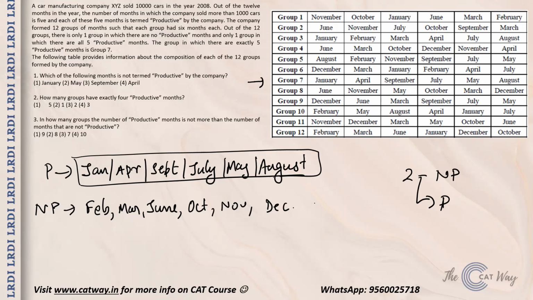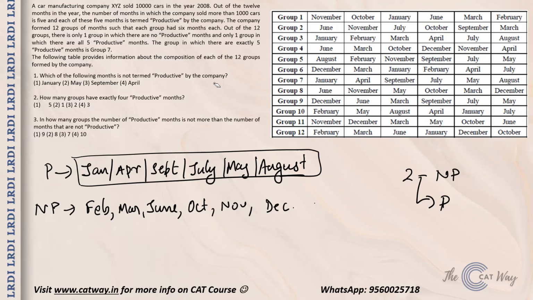So all the groups which have two months out of these are not the ones which have no productive months. Okay, so let us identify. If you talk about group 1, among them it only consists of January.